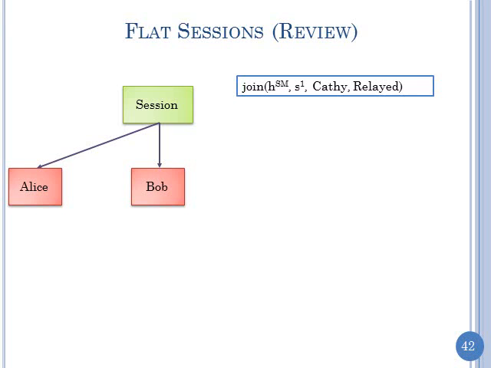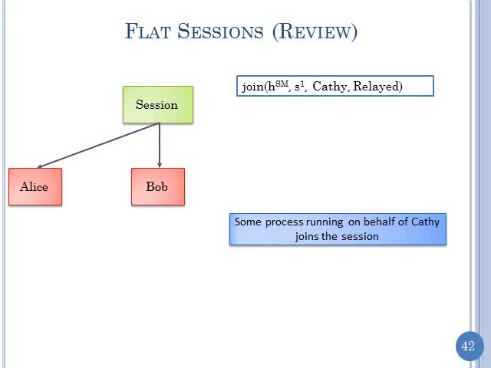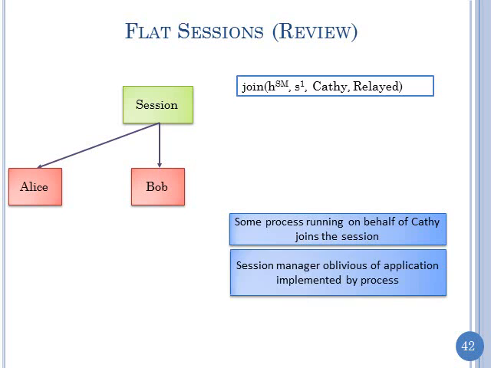It then identifies a session, identifies the name or credential of the user, and of course we saw whether it tells the session manager whether it should relay or not relay. So some process running on behalf of Kathy joins a session, and the session manager is oblivious of the application implemented by the process. It doesn't know whether it's implementing an IM or editor. It just knows there's some process. So the side effect of this call is to add Kathy to the session. That's your flat session.